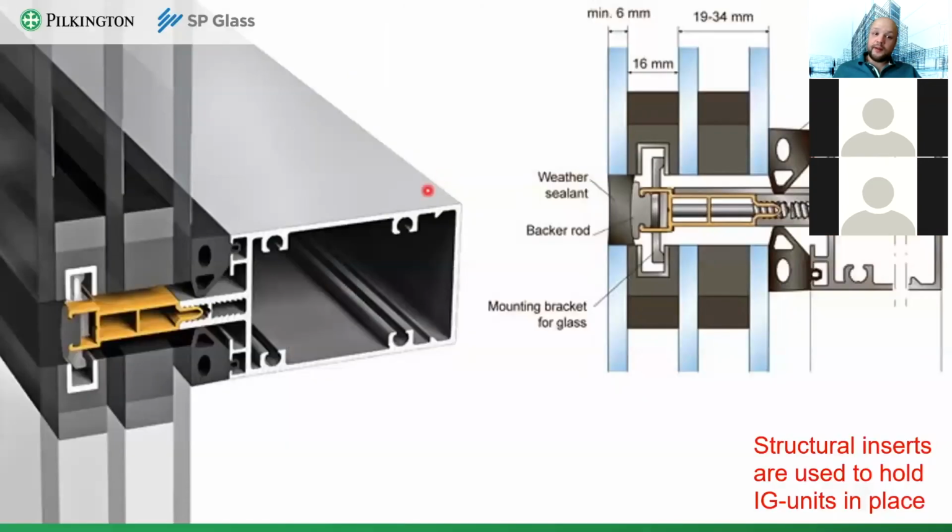And will it have any structural inserts? The structural insert is basically the hole through which the aluminum system holds your IG unit in place. It can be found in a variety of designs.